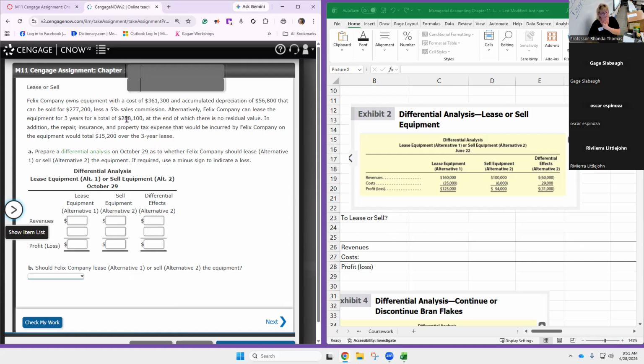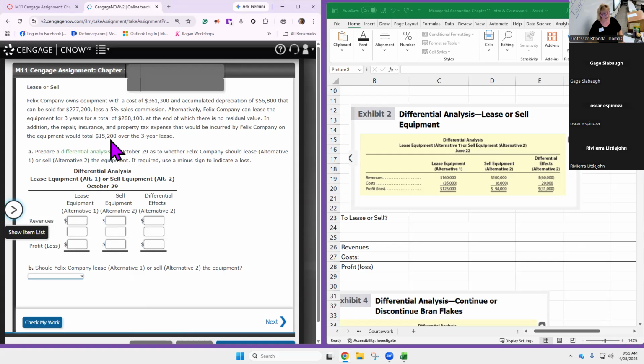Okay, so alternatively, Felix company can lease the equipment for 3 years for a total of $288,100, at the end of which there is no residual value.